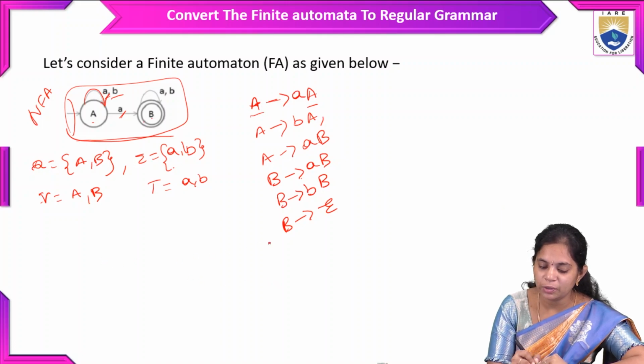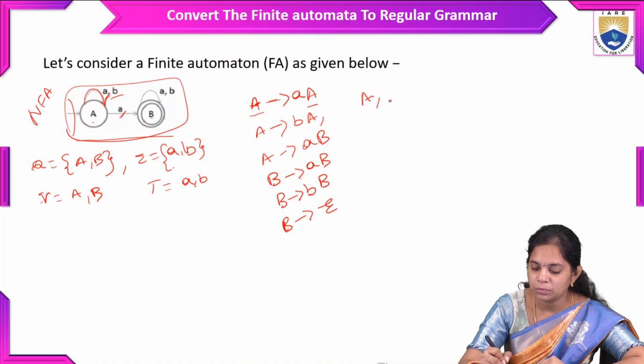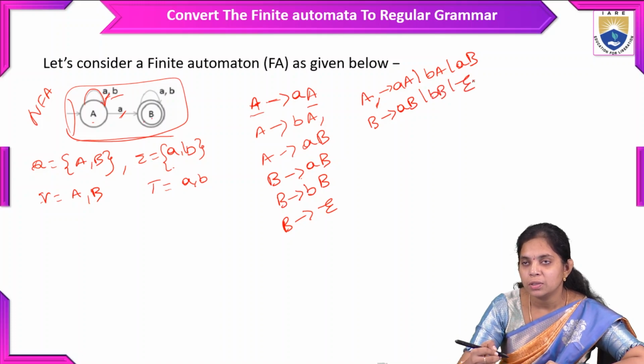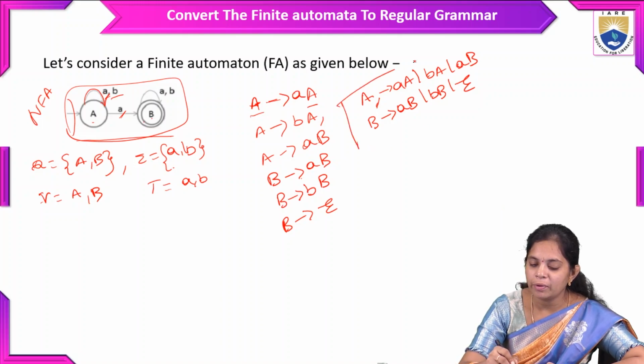So here we need to write A tends to aA and bB and aB. And also we have B tends to aB and bB, and we need to add the epsilon symbol. So this is the grammar that we got.